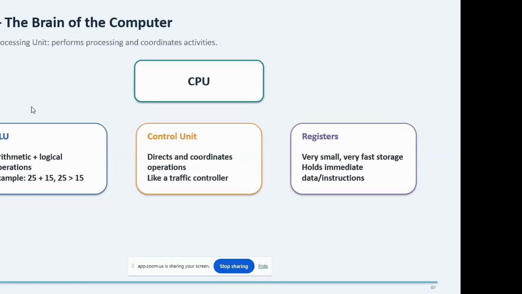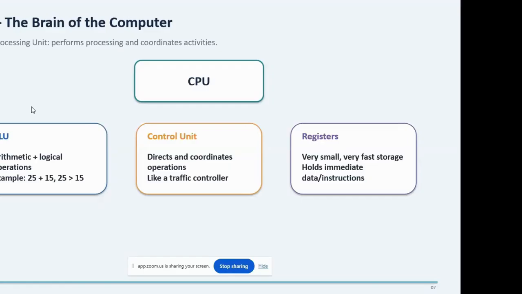What do you mean by arithmetic unit? For example, we would have learned about arithmetic operations, right? Addition, subtraction, multiplication, division. All these are called arithmetic operations. Now, when we come to logical operations, what is a logical operation?